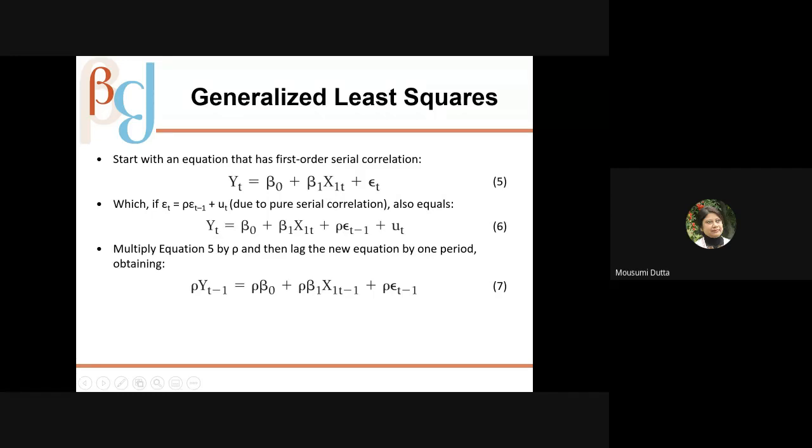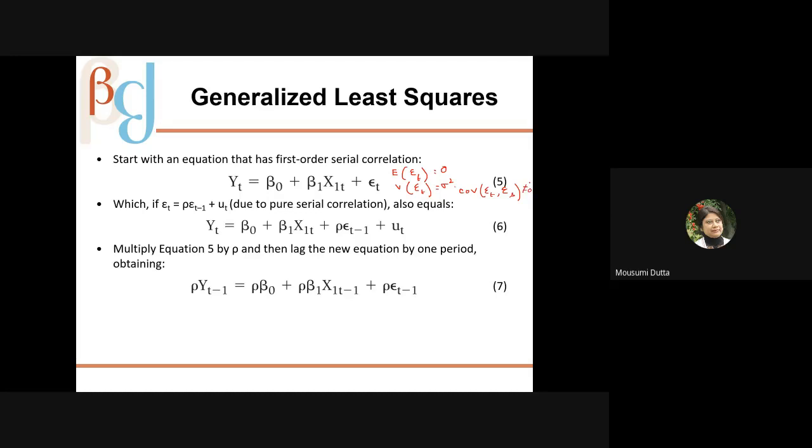For epsilon t, these are the assumptions.